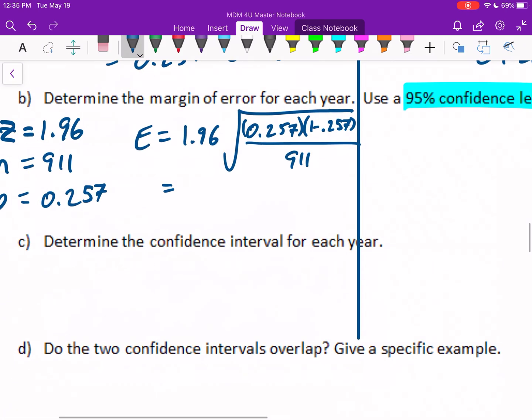So, typing that in my calculator, making sure I follow proper order of operations, I get 0.028, or a margin of error of 2.8%.